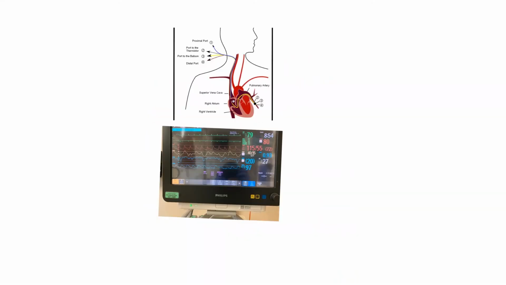Okay, let's come to the important things. The important stuff here along with the CVP is the pulmonary artery pressure, pulmonary artery wedge pressure, and LV, left ventricular end diastolic pressure.